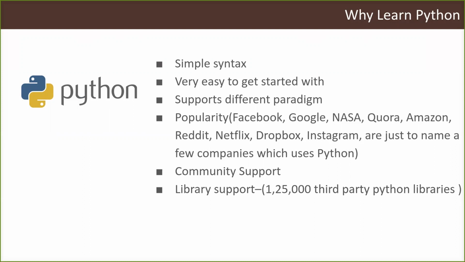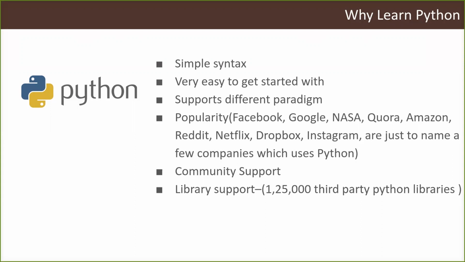This also leads to huge library support, which basically means that when you want to do something in a programming language, suppose there's a big task you want to complete using Python, there's a high chance that the smaller sub-problems of that task have already been solved by someone.